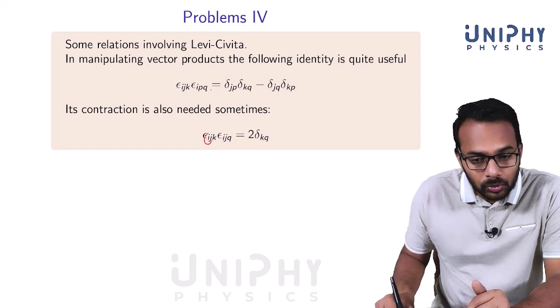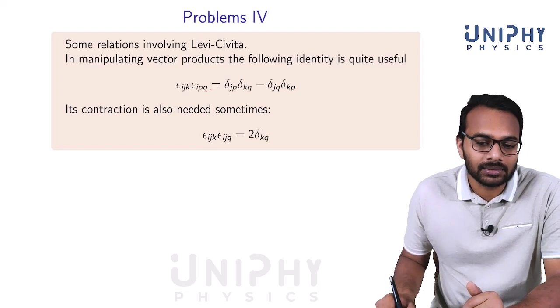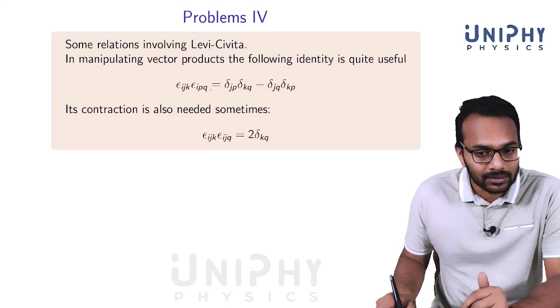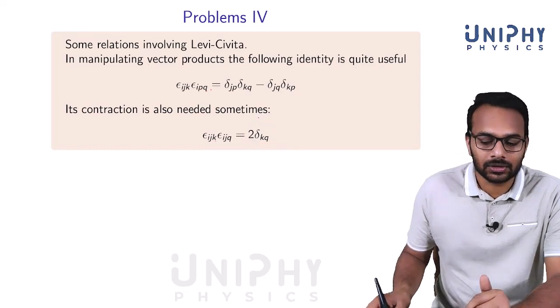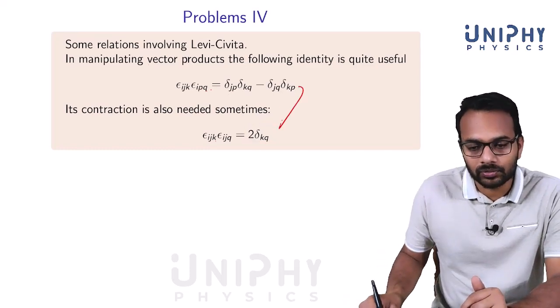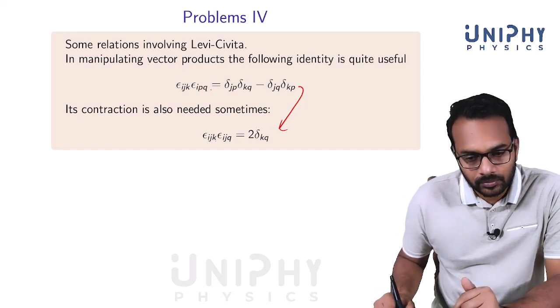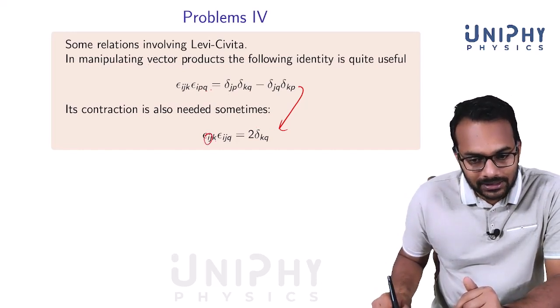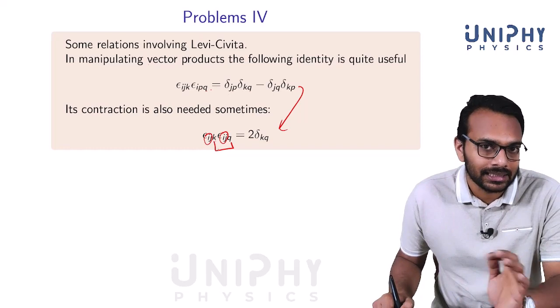Here, two indices are the same, so you are summing over both i and j, and the answer is simply 2 delta kq. That's also not difficult to remember. Actually, you can prove this using that relation. If the first two indices here and here are the same, then you are only left with two indices k and q, because the other indices are summed over.